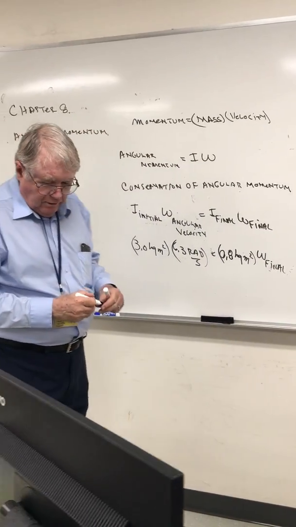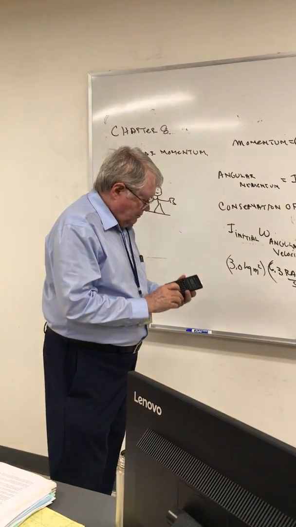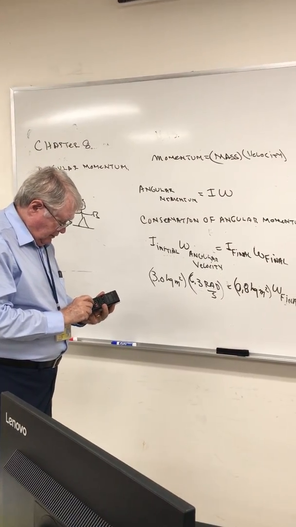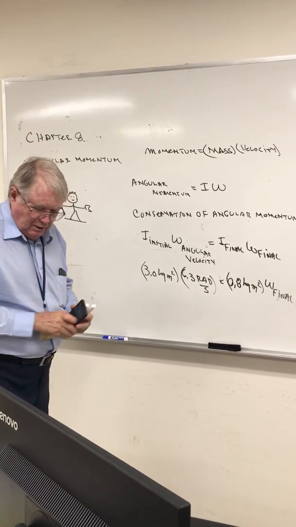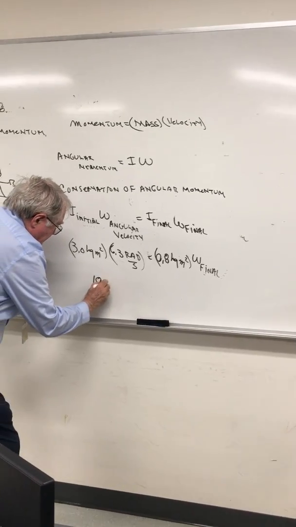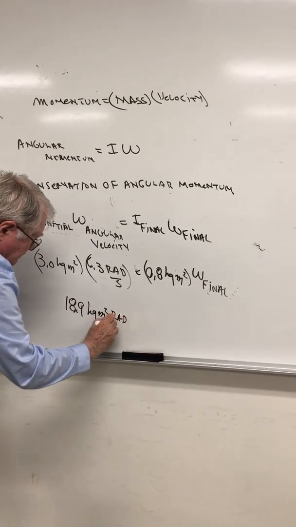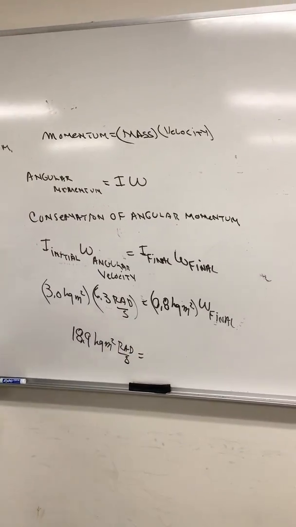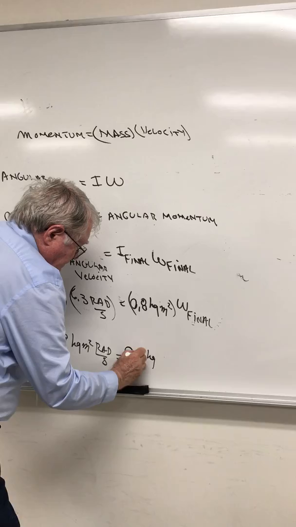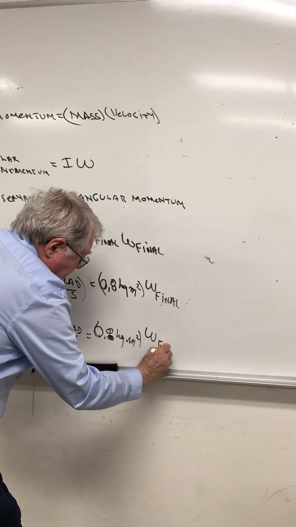So now we get out our calculator and we figure out 3 times 6.3 should be 18.9, but let me make sure that I don't make mistakes. 18.9, that's correct. So this is 18.9 kilogram meter squared radians per second. And so over here we have 0.8 kilograms meter squared times the final angular velocity.